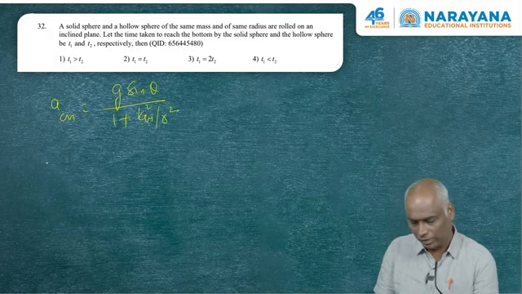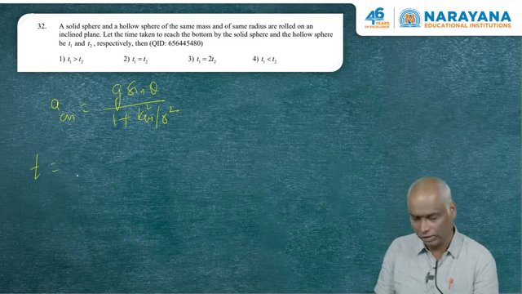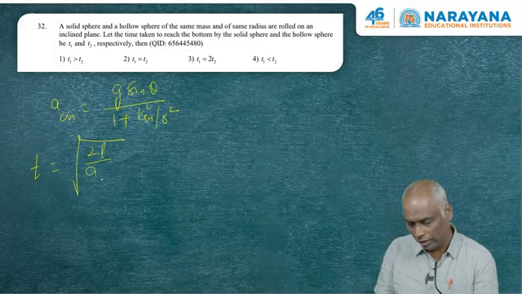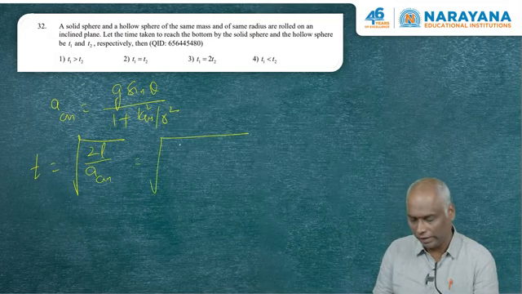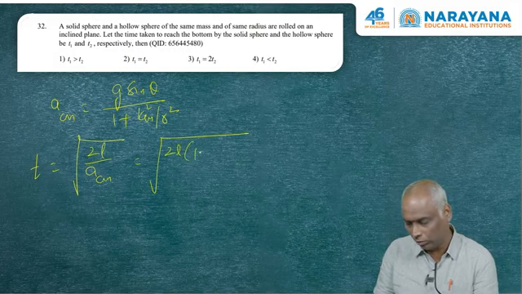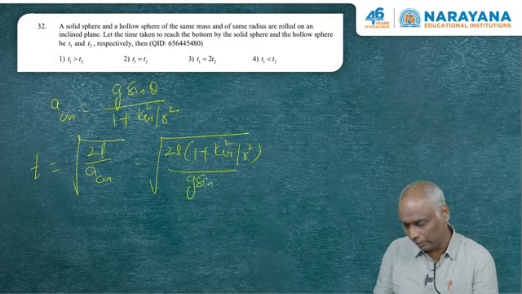Now, due to this, the time taken by the body to roll down an inclined plane through a distance L will be given by T equals under root of 2L divided by ACM. As a result, the total time taken by a body to roll down a distance L will be given by 2L divided by A. So we are going to get this equation as 2L into 1 plus kcm square by R square whole divided by g sine theta.